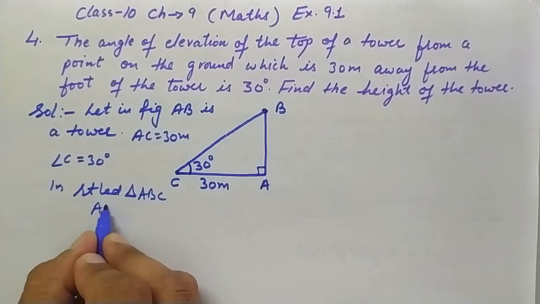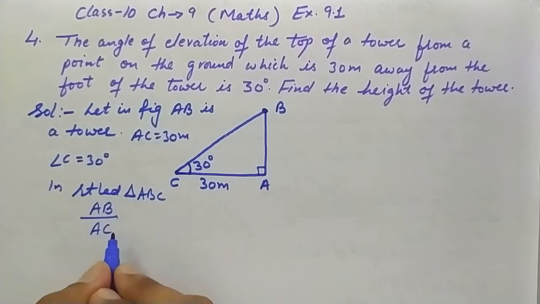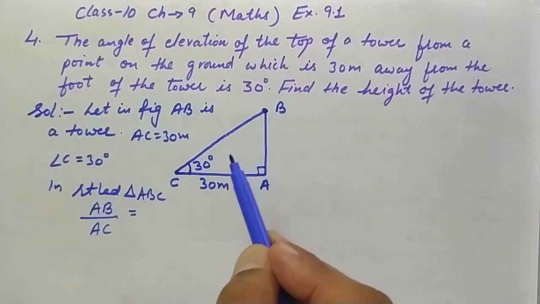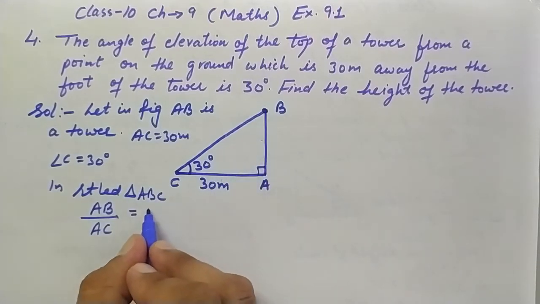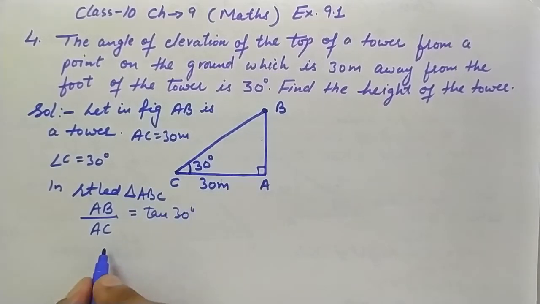So write AB in the numerator, over which is given, that is AC, in the denominator, that is equal to which T ratio? P over B, that is tan 30 degree. So it will be tan 30 degree. Now fill the values.